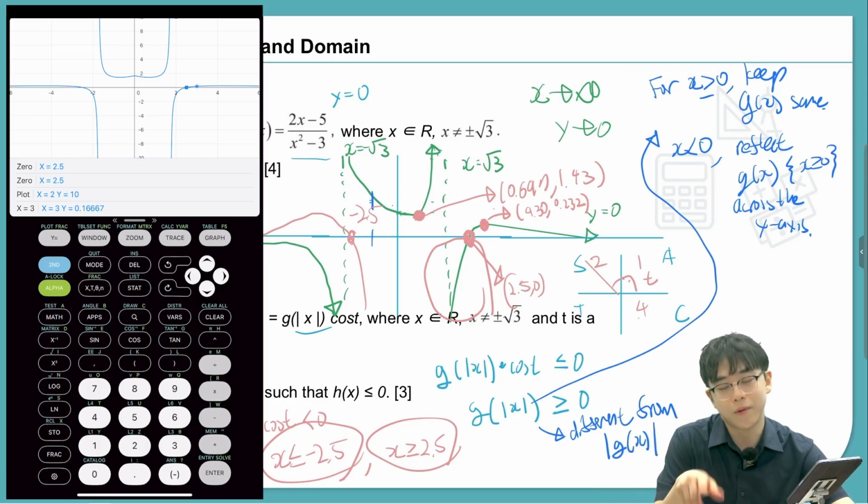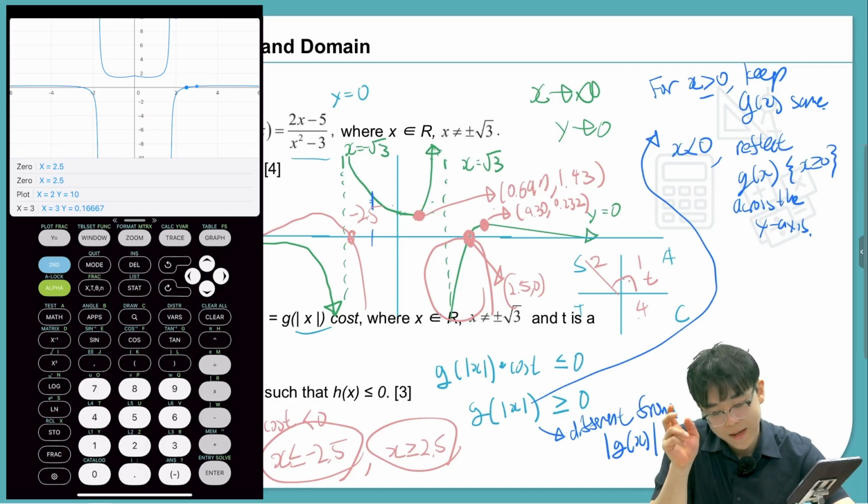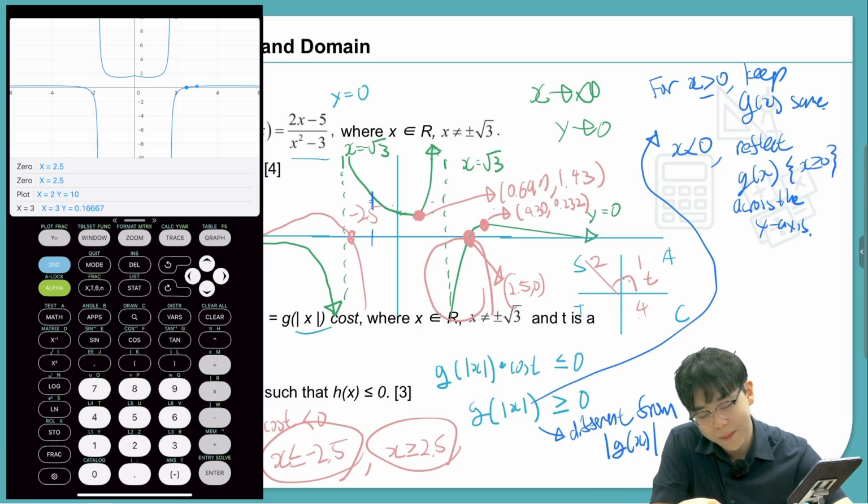So that's how you would do number 8. I would say a lot of students would have missed this because they're okay plotting these functions, but they're unfamiliar with using absolute value signs.